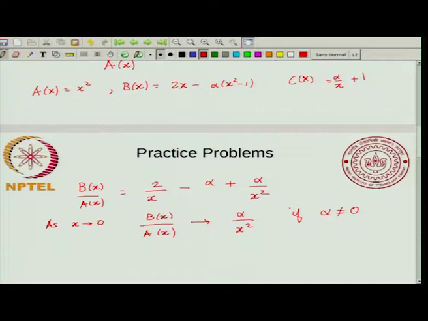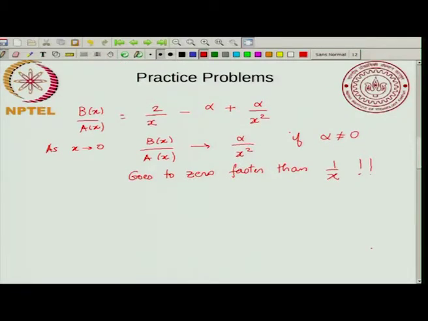So alpha by x square is the largest term as x goes to 0. So if alpha is not equal to 0, then b by a goes as alpha by x square, which goes to infinity faster than 1 by x, and so you cannot use the Frobenius method.